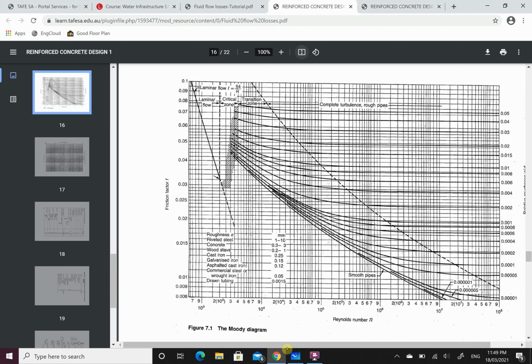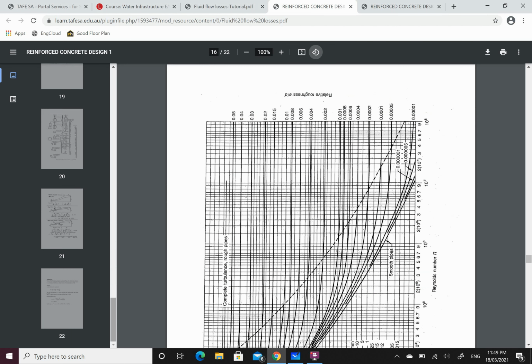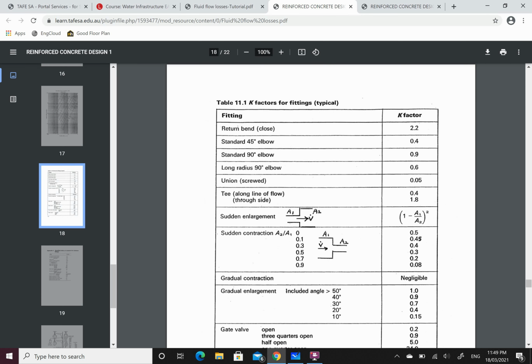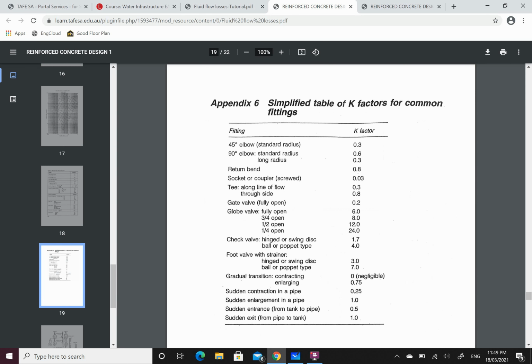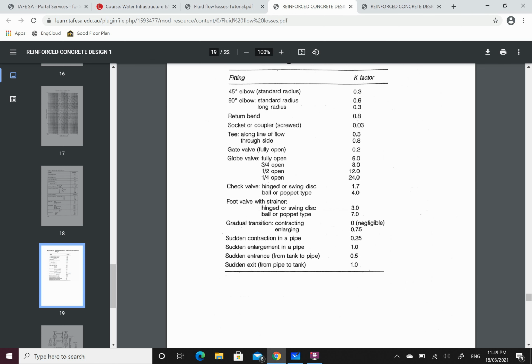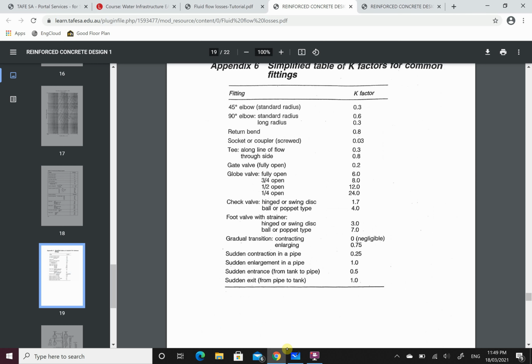Well, in our lovely notes, in the appendix, we have factors here and factors here. For this example, these are the ones that we're going to be using. So my foot valve with strainer, hinged or swing disc, has a K factor of 3.